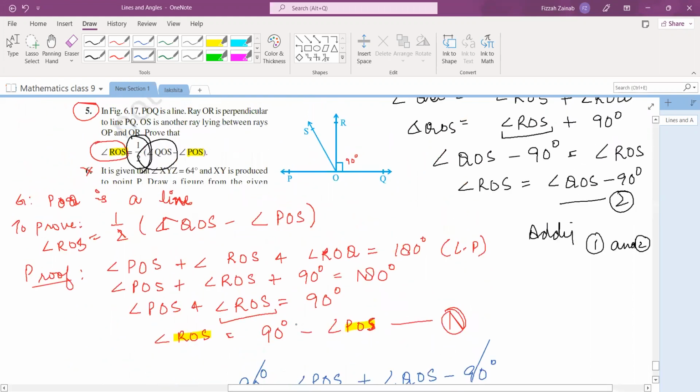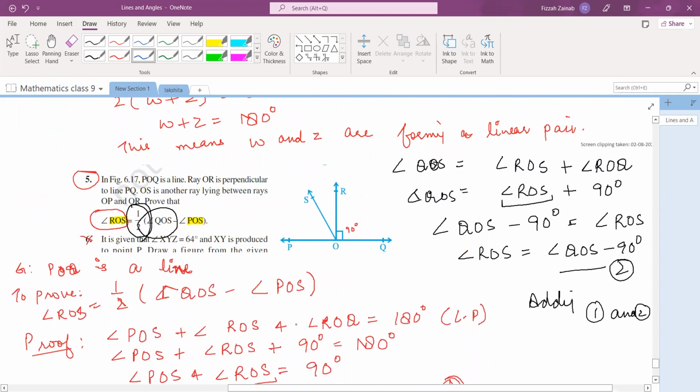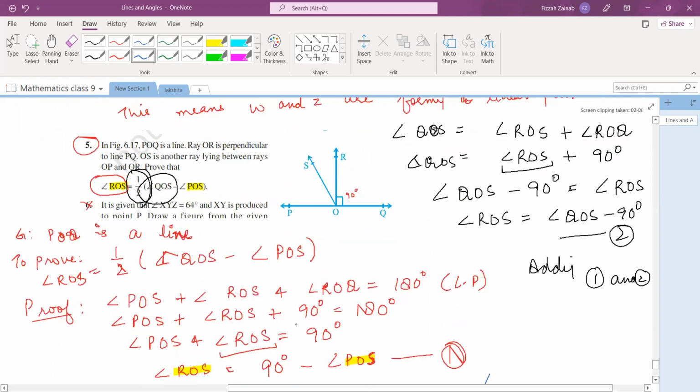Yes, Imad, have you written? Yes, ma'am. Okay. You can take a picture of the screen if you wish, and then you can write it down properly afterwards. Take a screenshot.